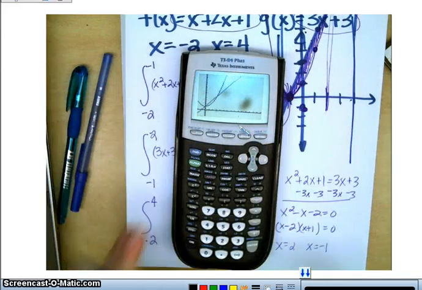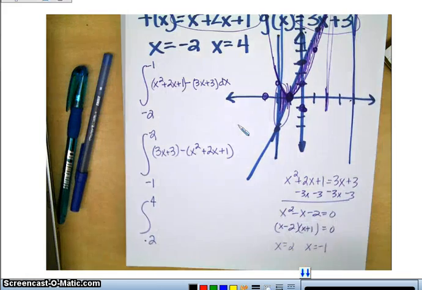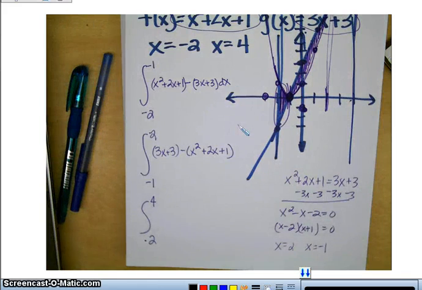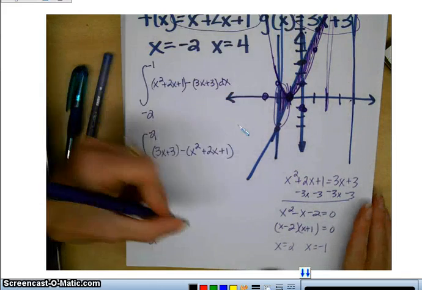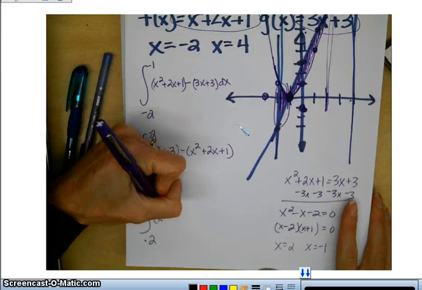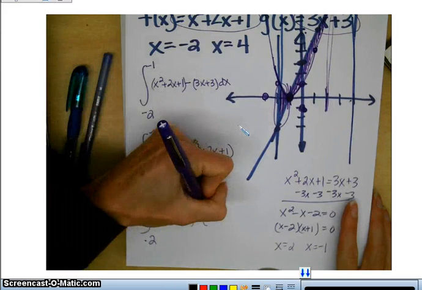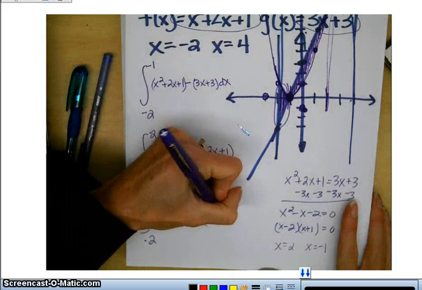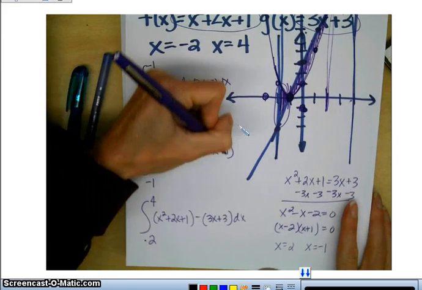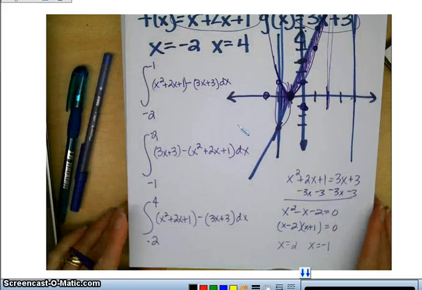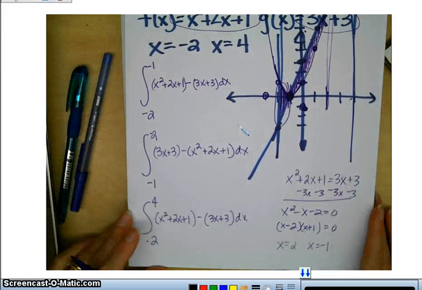It's the parabola's on top. The vertical lines are part of the limits of integration. So the top function is the parabola minus the line.